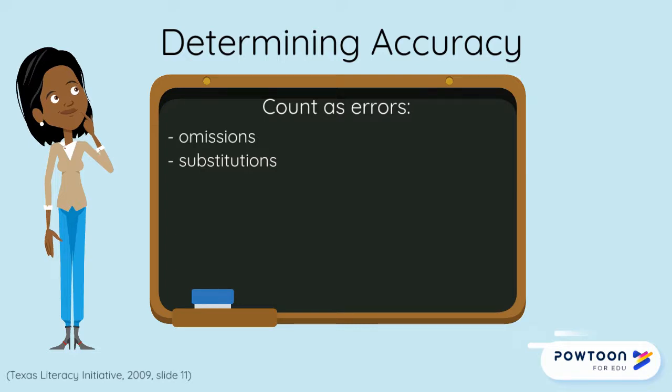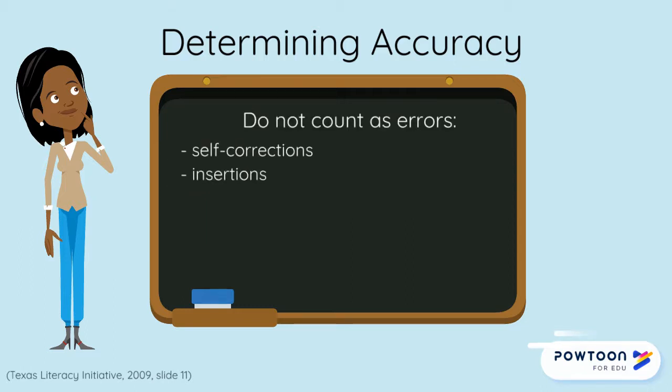Errors also include hesitations, stopping for more than 3 seconds, at which point the teacher provides the word, mispronunciations, leaving off or adding endings, or mispronouncing the word in a way that no longer makes sense. Mispronunciations of proper nouns are not counted. And lastly, reversals, changing the order of 2 or more words in a sentence. Self-corrections, insertions, and repetitions do not count as errors.